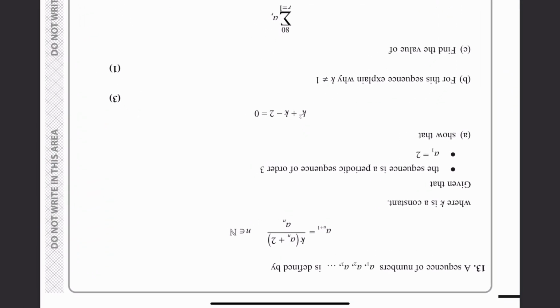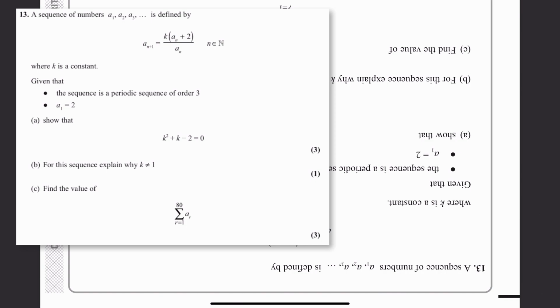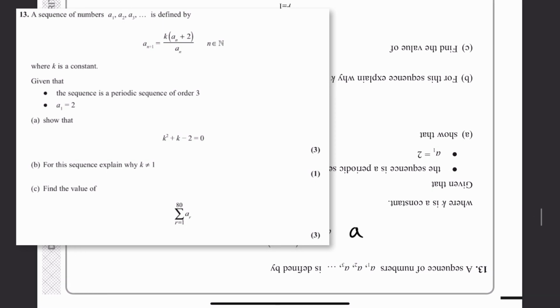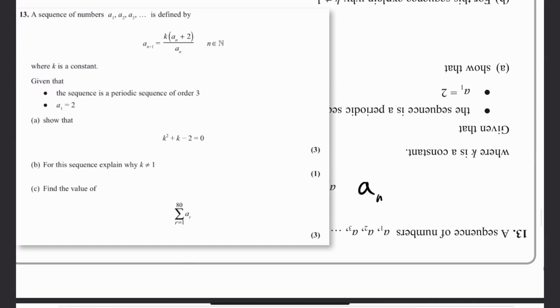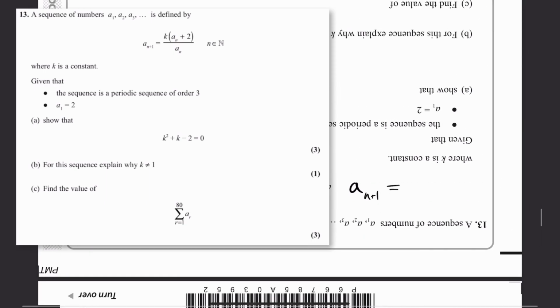A sequence of numbers A1, A2, A3 is defined by A n plus 1 is equal to k times (an plus 2) over an, where k is a constant.